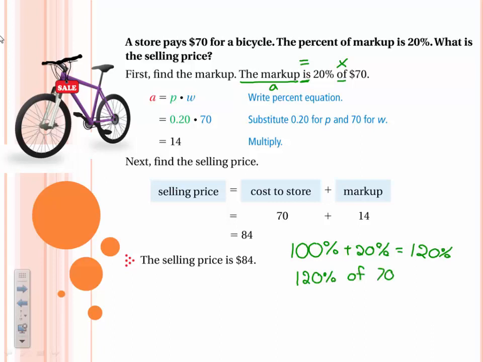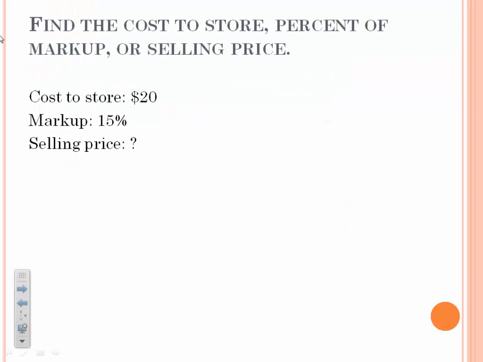And if you do 1.2 times 70, you will get 84. So this is the second method. Your book does not show this method, but this method I find is really good. All right, your turn. You can do method 1 or method 2.